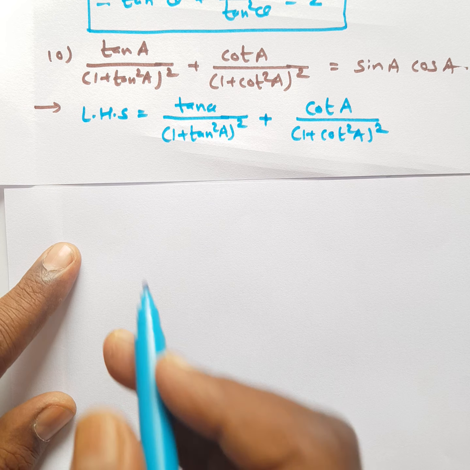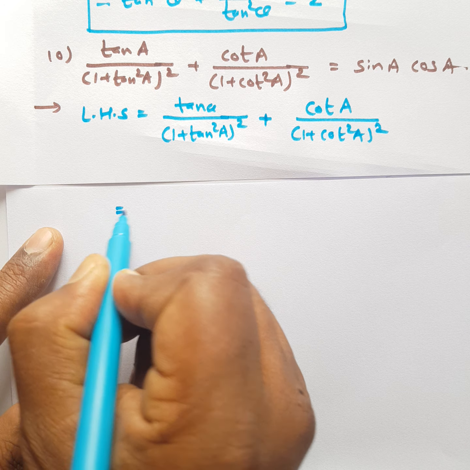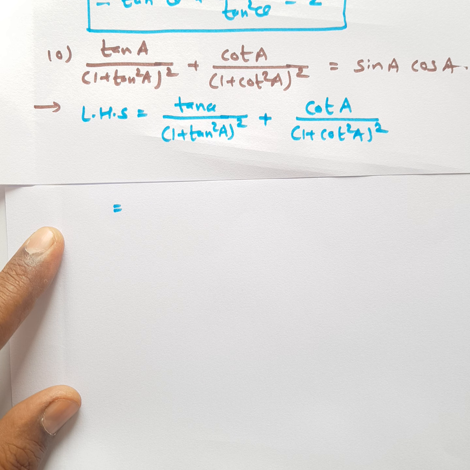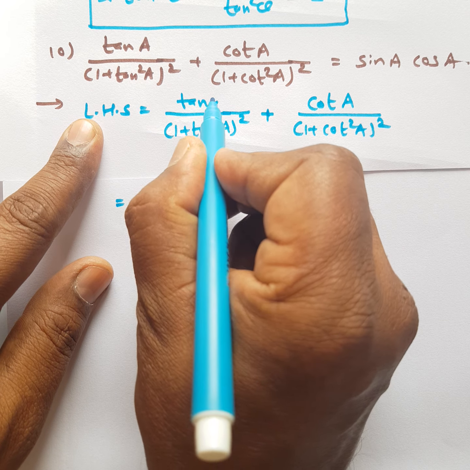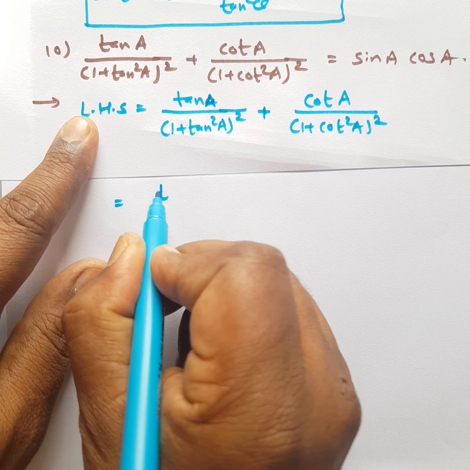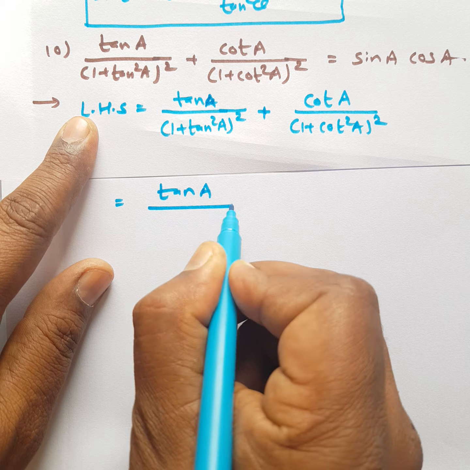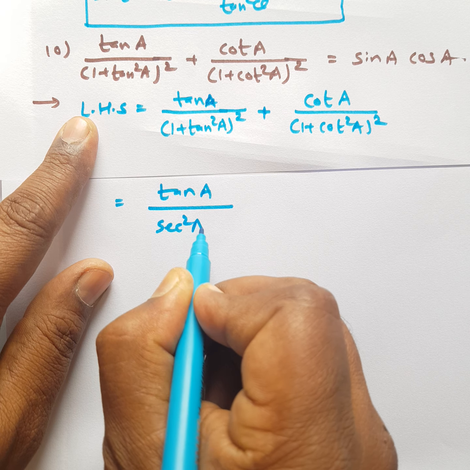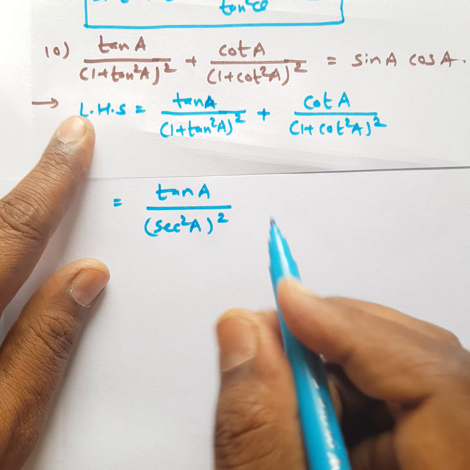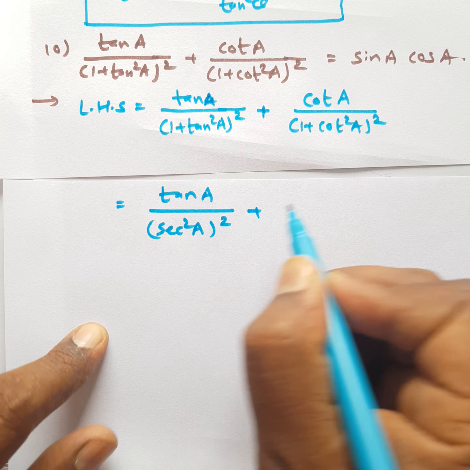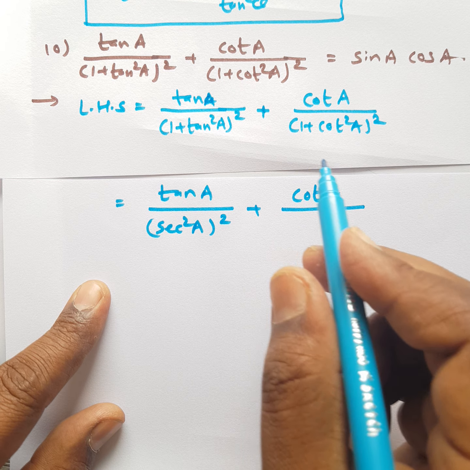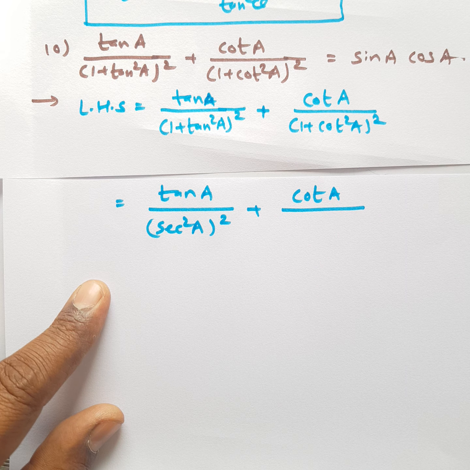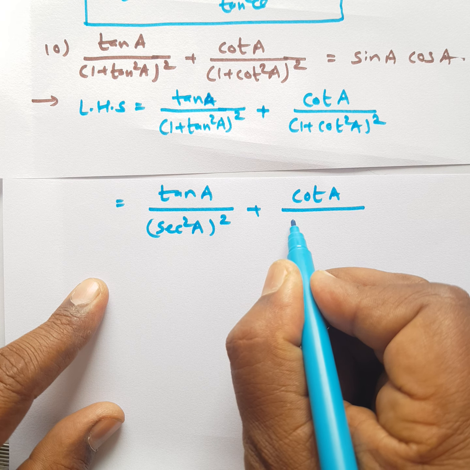Now we know that 1 plus tan square a is equal to sec square a, meaning we can write tan a upon sec square a bracket square, plus cot a upon 1 plus cot square a, which is equal to cosec square a.